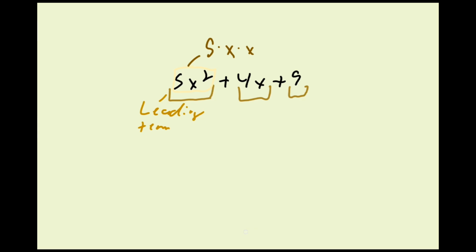Right here on the right, the 9 would actually be considered a constant. There's no variable, so it's just a constant. And right here, these are coefficients.